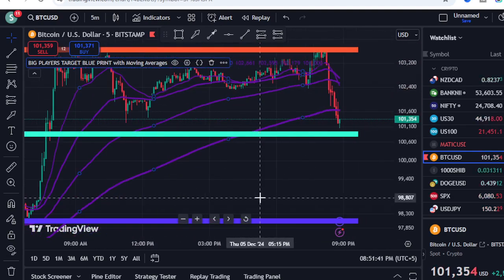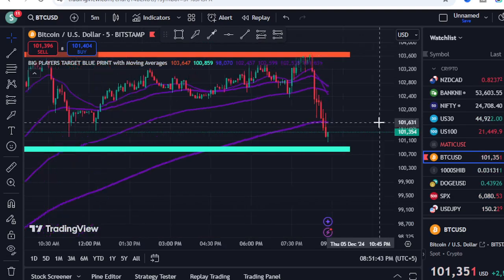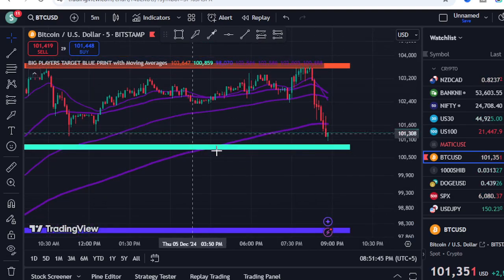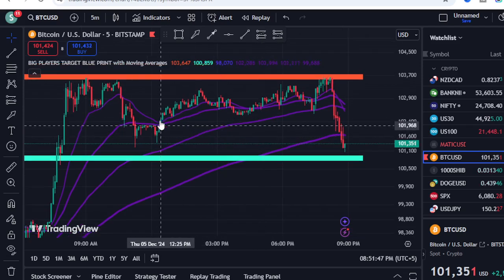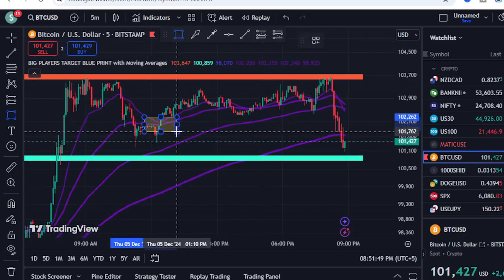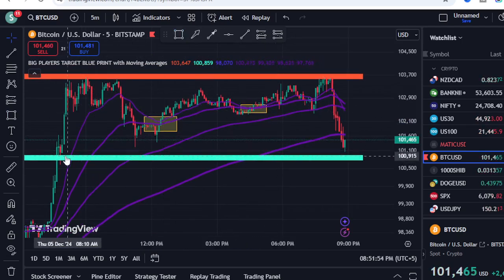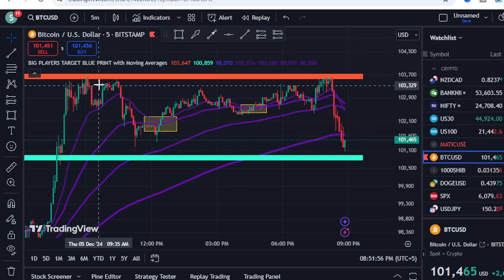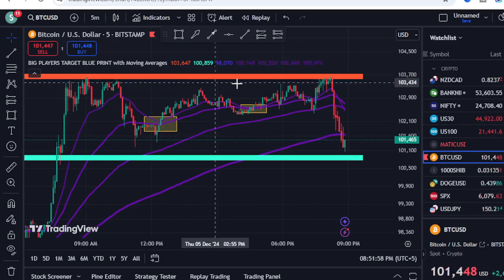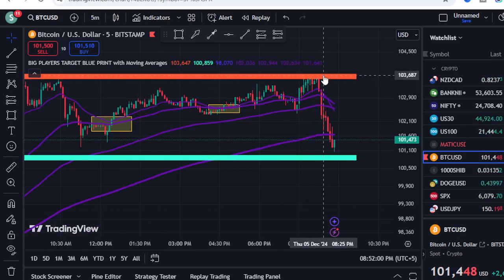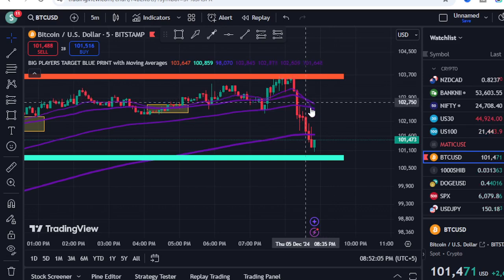Now let me give you the Bitcoin USD example. You can see we have the three levels, and throughout the morning we kept on buying, like buying here on the moving averages, buying here, because the market crossed the green zone, and now it was clear that the market was going to target the upper side. Now it has already targeted the upper side, and you can see the two moving averages have crossed with each other.